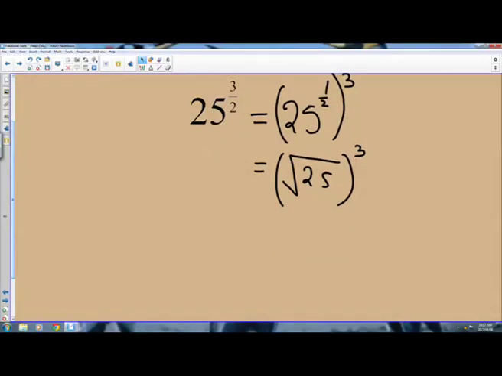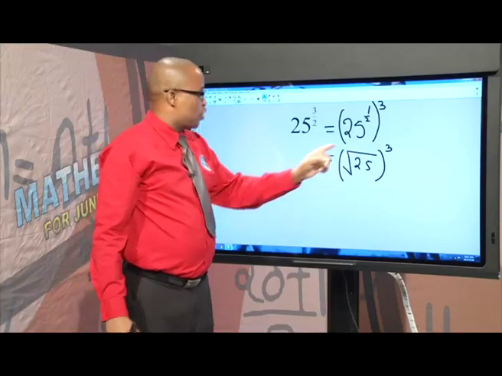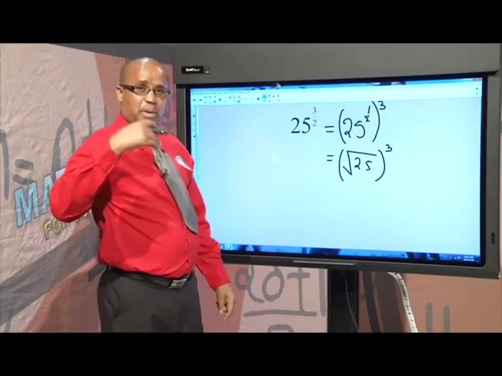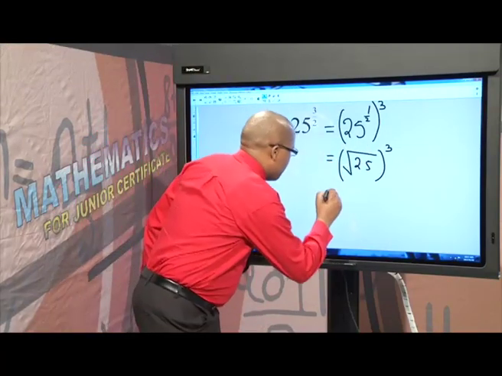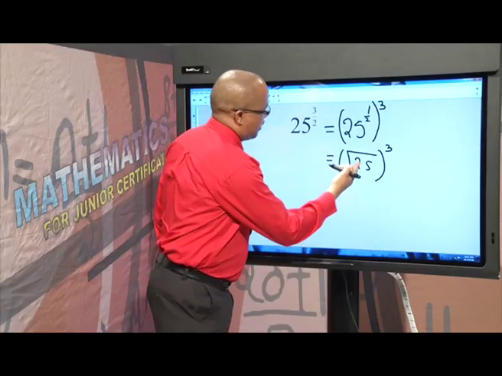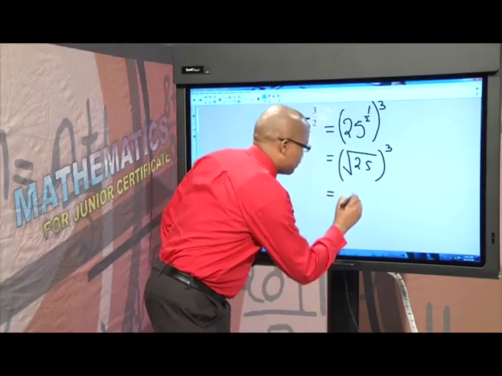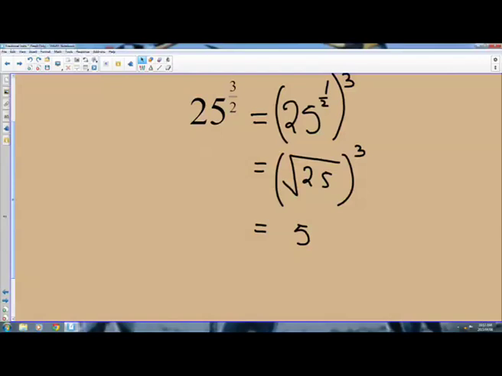So find a number such that when you multiply that number by itself, you are going to get 25. Then after getting that number, you cube it. You raise that number to the power 3. So the square root of 25 is 5. And then after getting this 5, we raise this 5 to the power 3, because it says find the square root of 25 and then raise it to the power 3.